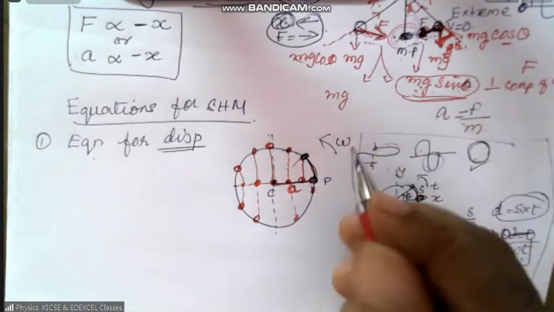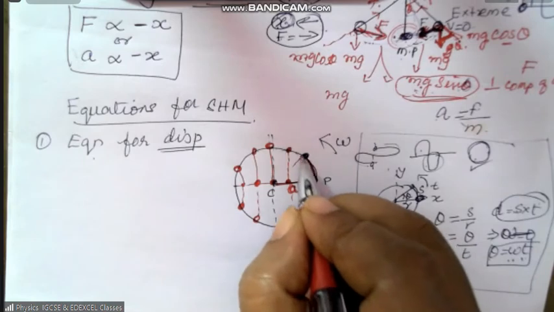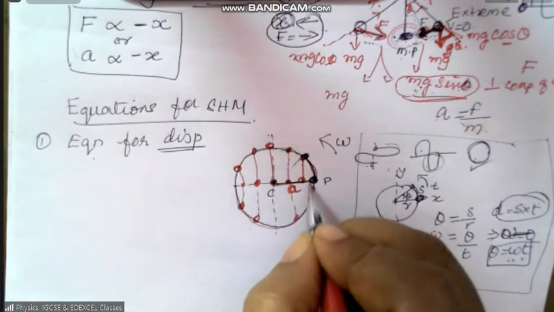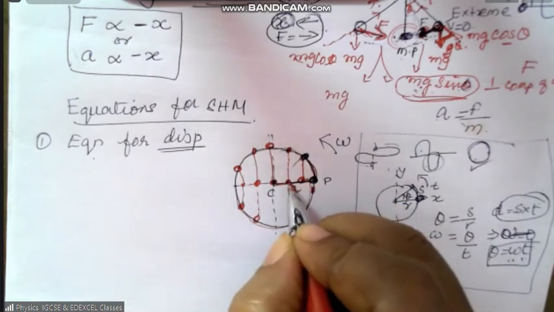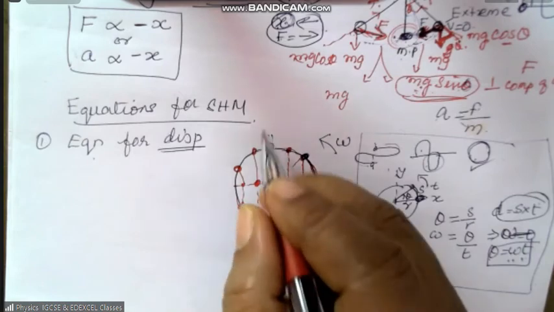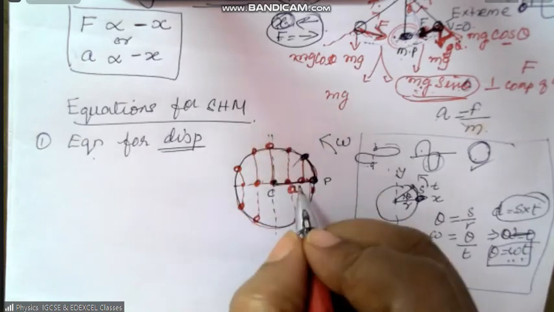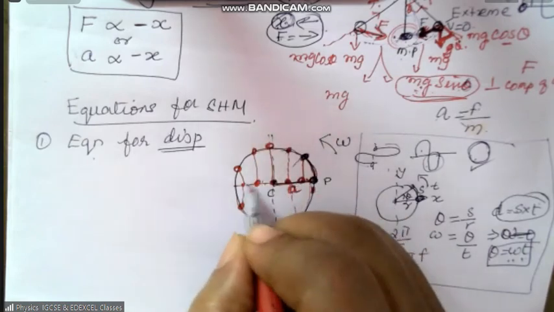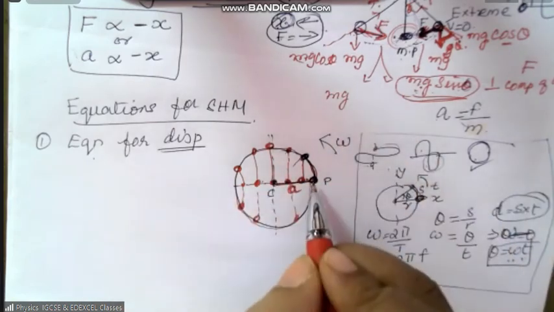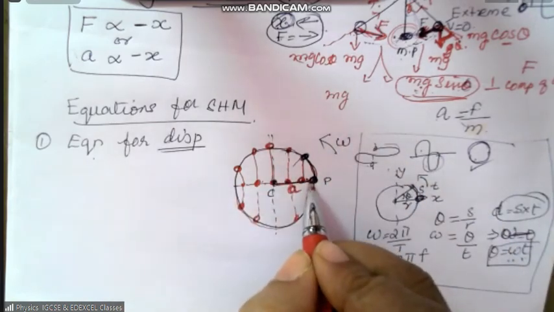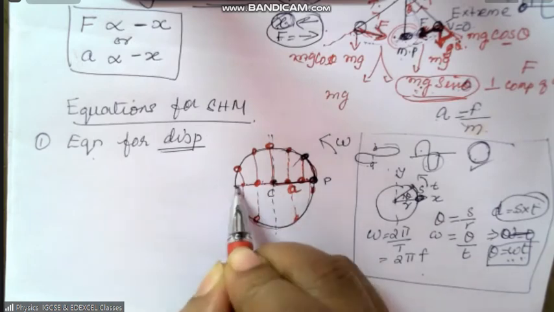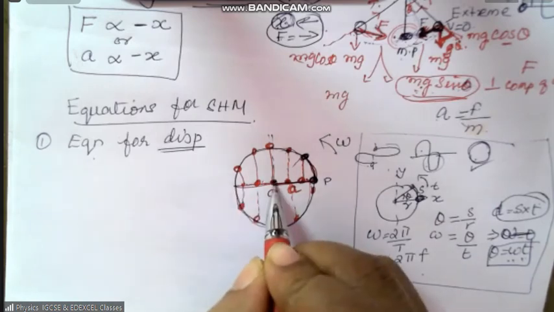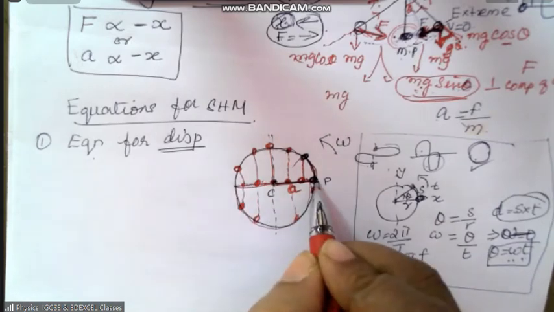What does that mean? When the particle moves in a circular path, the foot of the perpendicular was moving which way? The perpendicular was here, it went to the mean position, went to the other side, again returned, again went there.